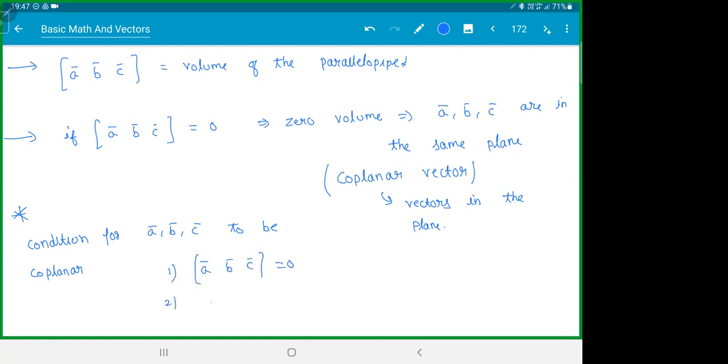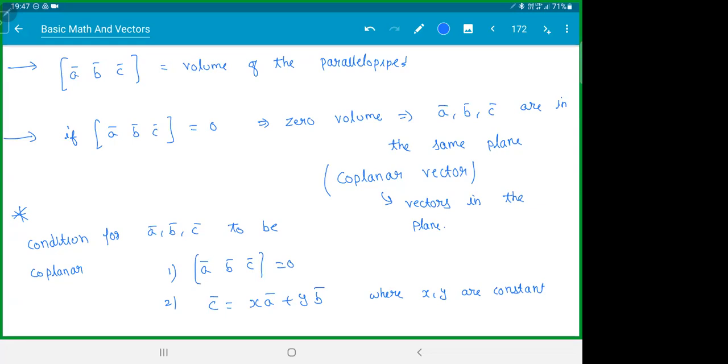Or you should be able to write any one vector, C bar, in the form of x times A bar plus y times B bar, where x and y are constants. If you can write the third vector in terms of the other 2 vectors, they are in the same plane. These are the 2 conditions for coplanarity.